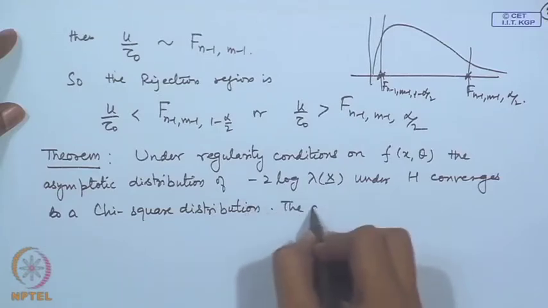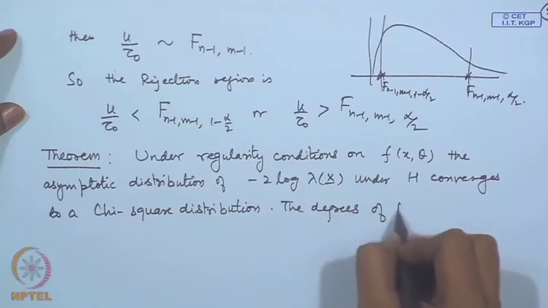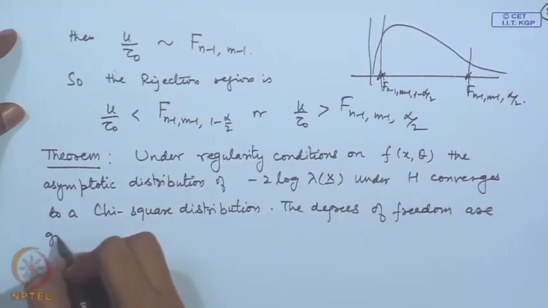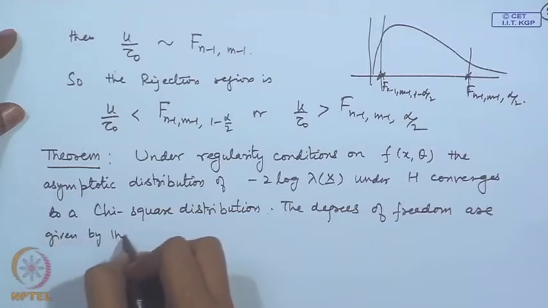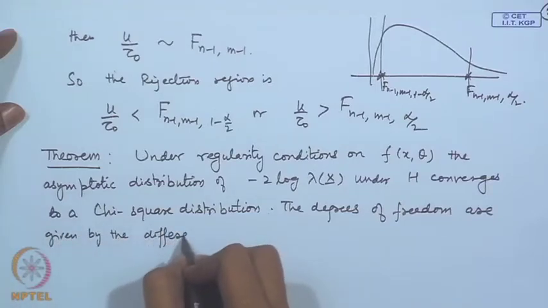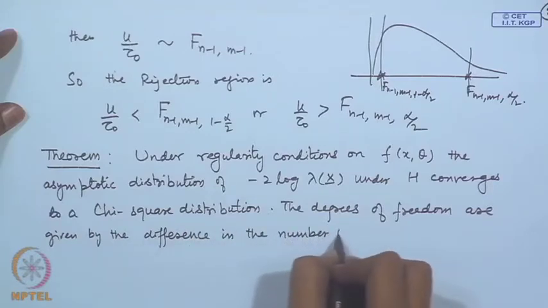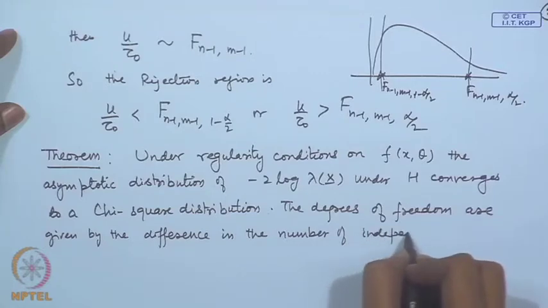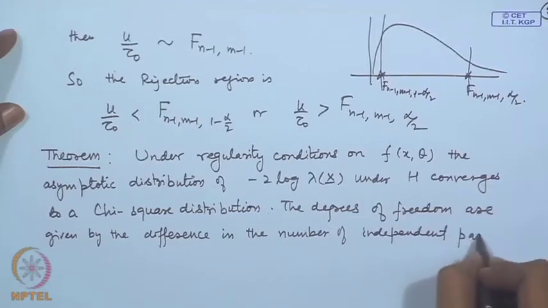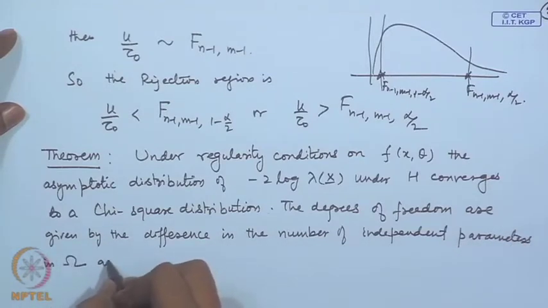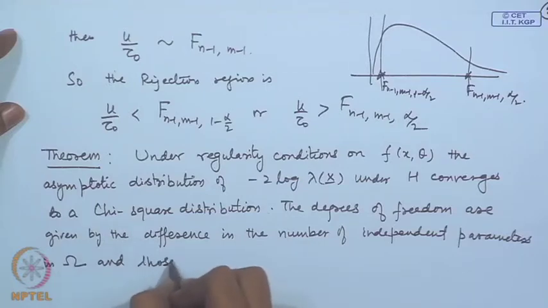The degrees of freedom of this chi-square are given by the difference in the number of independent parameters in omega and those in omega_H.